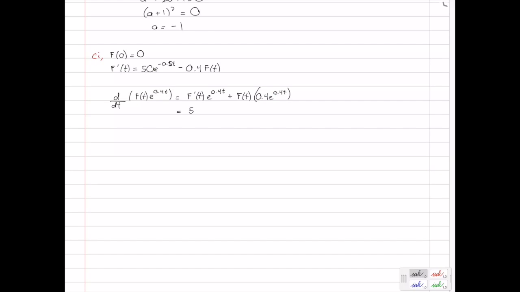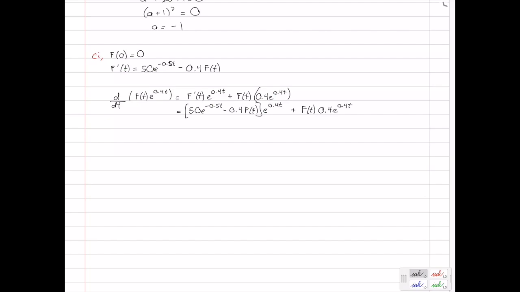So that means this is going to be 50 e to the negative 0.5t minus 0.4 f of t, and all that will be multiplied by e to the positive 0.4t, and then we also have plus f of t times 0.4 times e to the positive 0.4t.